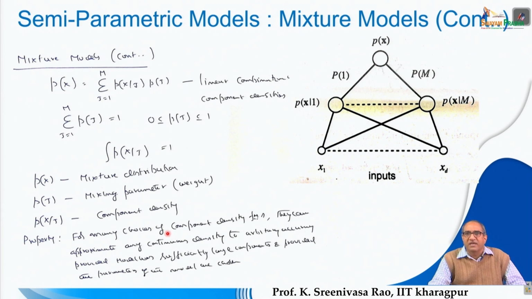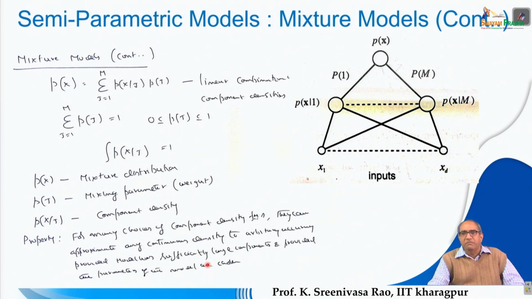So the idea here is that using a mixture model, or a semi-parametric model, for many choices of component density functions, they can approximate any continuous density to an arbitrary accuracy, provided the model has a sufficient number of components with appropriate parameters.